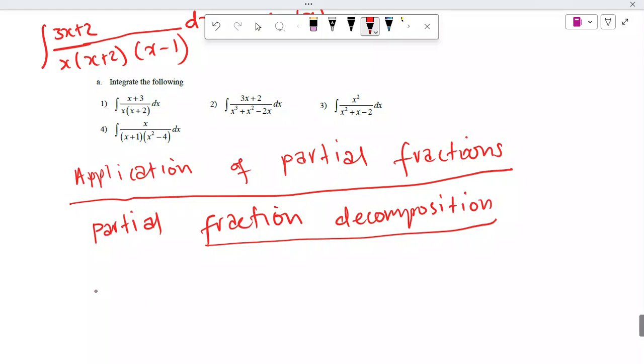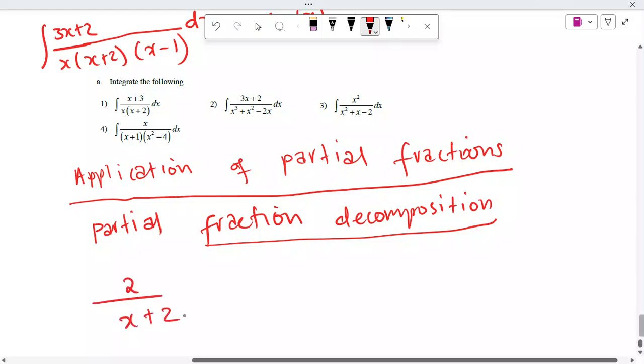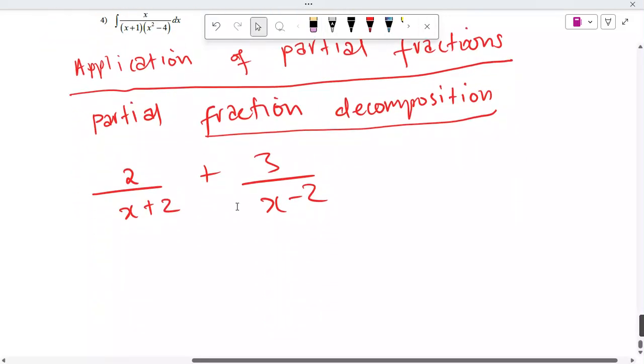Okay, so how do we do this? Briefly I'll talk about how you decompose a fraction. In grade 12, I remember there was something we were doing, for example, you have 2 over x plus 2 plus maybe 3 over x minus 2. Then they tell you to simplify this or express it as a single fraction, where you had to find a common denominator, x plus 2 then x minus 2.